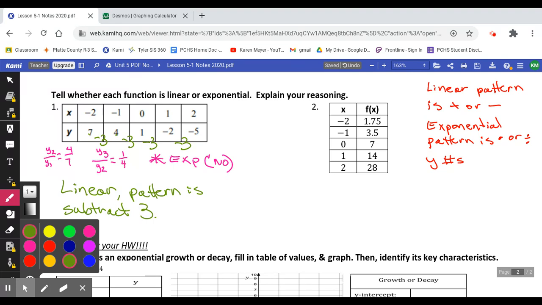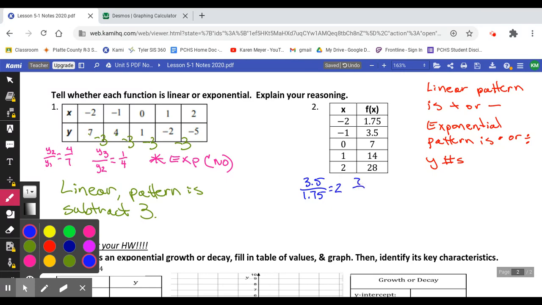So let's go to the next one. Okay, so let's say we were going to check exponential. If I'm checking exponential, I would have 3.5 over 1.75. And if I divide that out, I come up with 2.